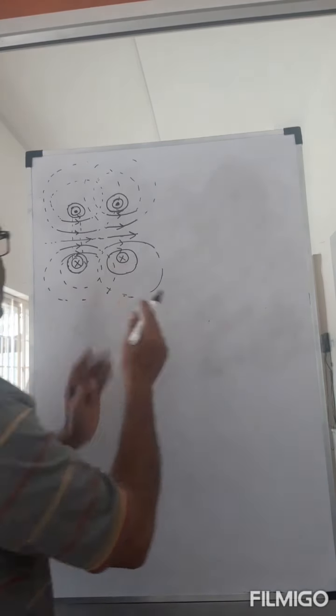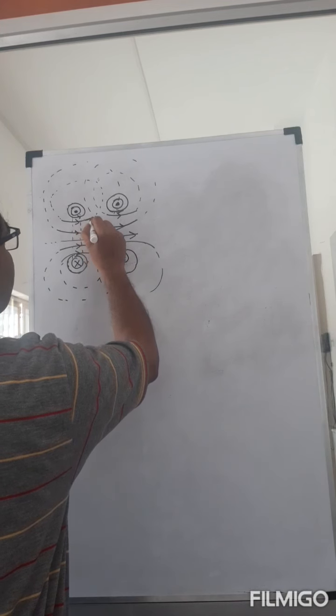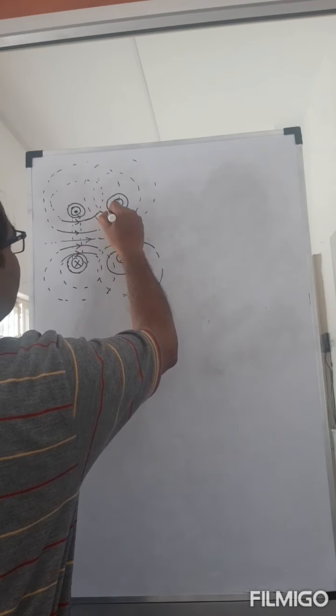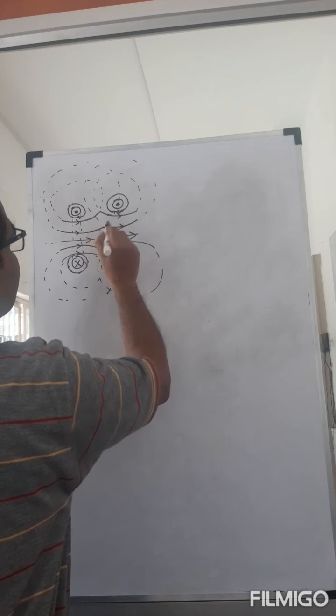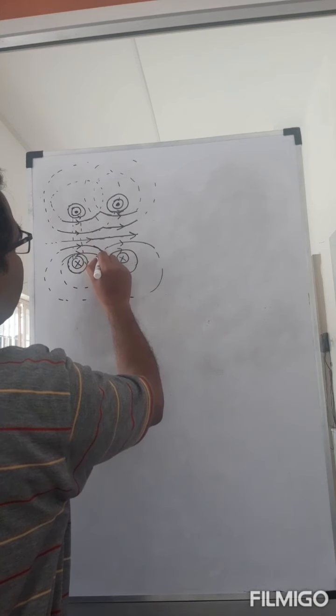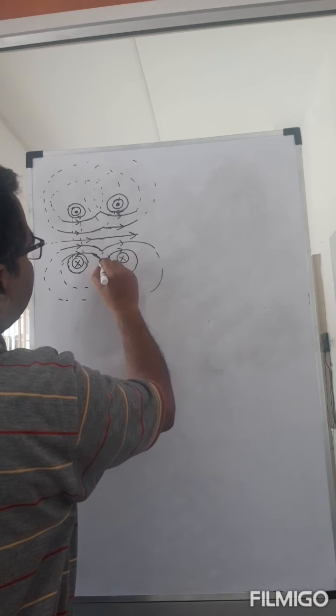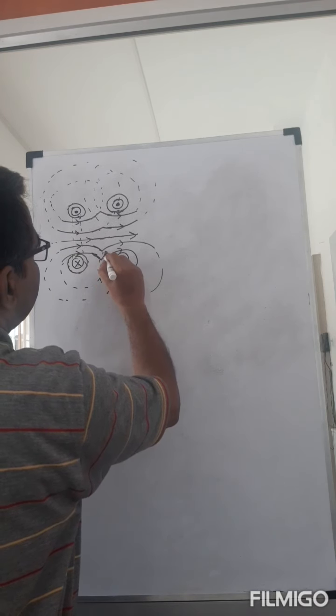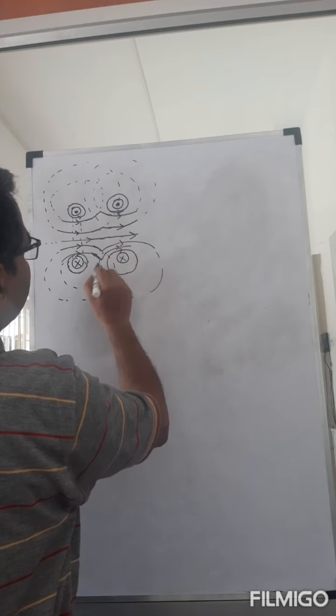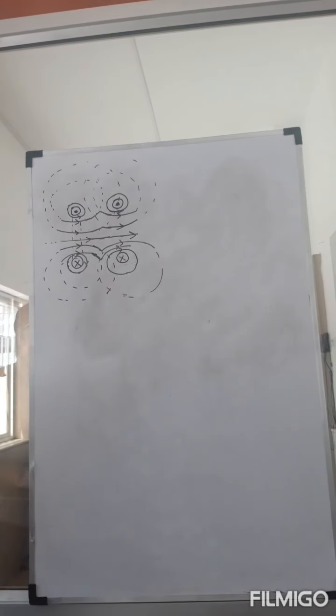So if you bring them together, then what happens is that they join. The field lines will be something like this.